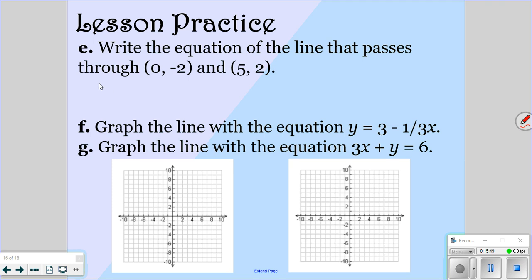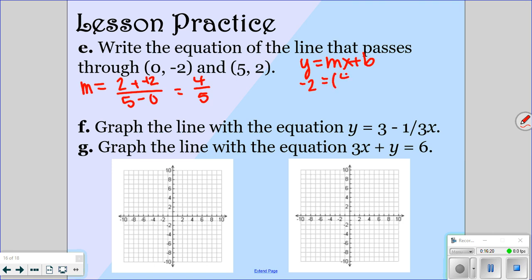So first thing we need to do is find our slope. So y2 minus a -2, x2 minus a 0. So that's going to become 2 plus 2 is 4 over 5. And then we're going to just plug it into y equals mx plus b to find the b. So I'll use this one, 0, -2. So our y value is -2.